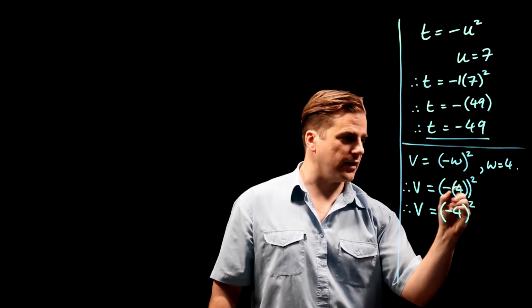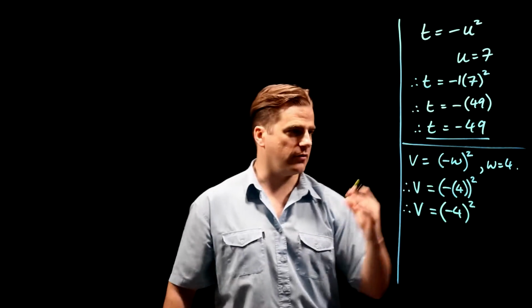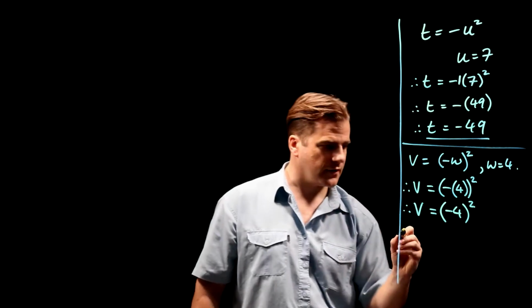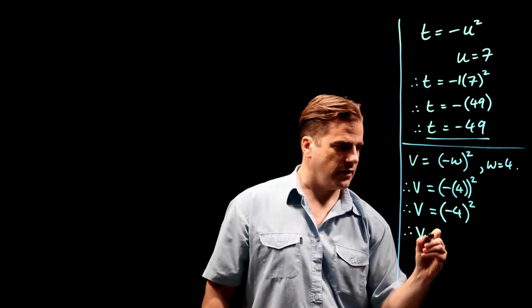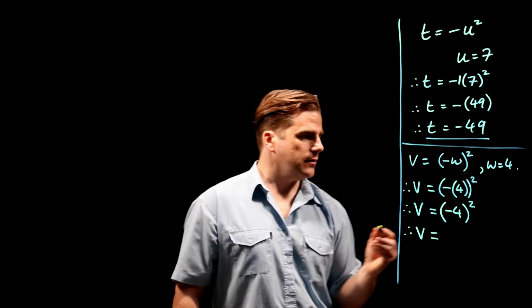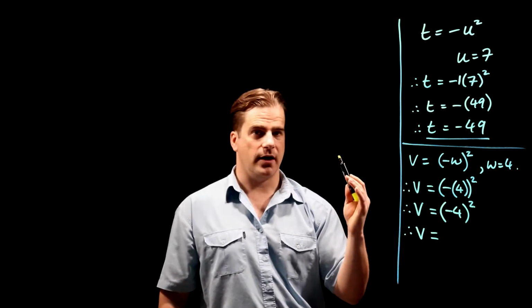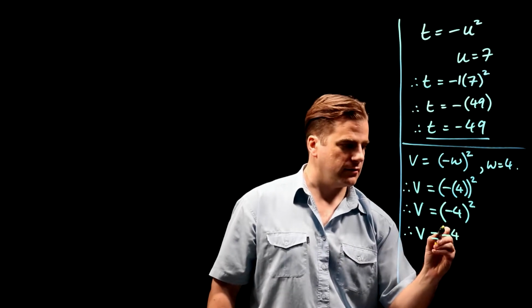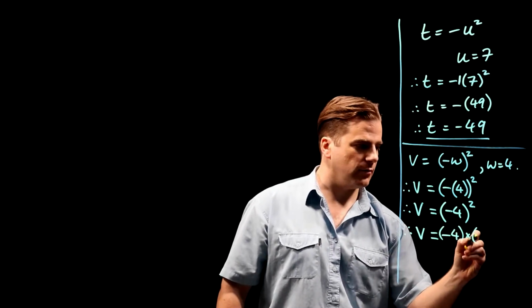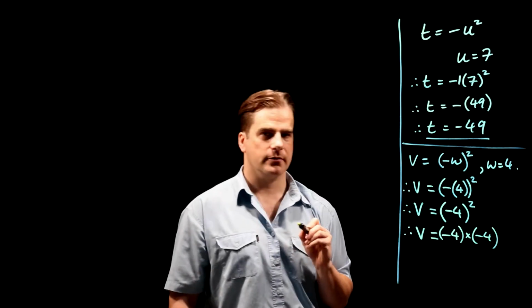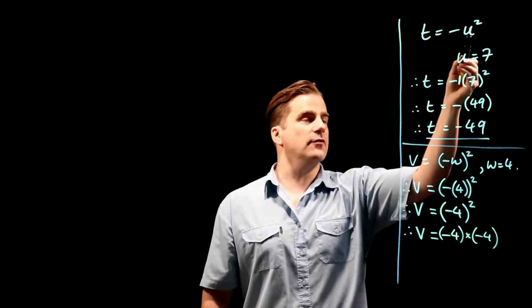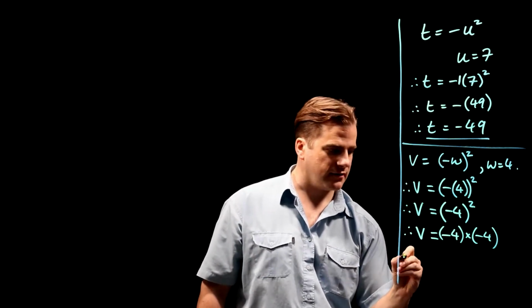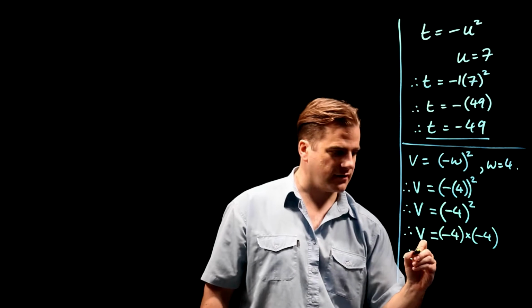Okay, so we've got rid of the little brackets, now just the big ones, the ones up on the outside, left. So, therefore, v equals, it's minus 4 all squared. That means it's minus 4 times minus 4. It's not minus 4 squared. Like I said, these are different. So minus times a minus is a plus, and 4 times 4 is 16.